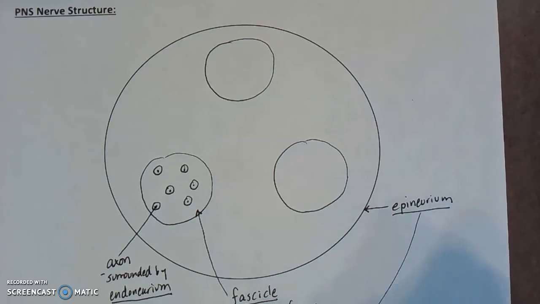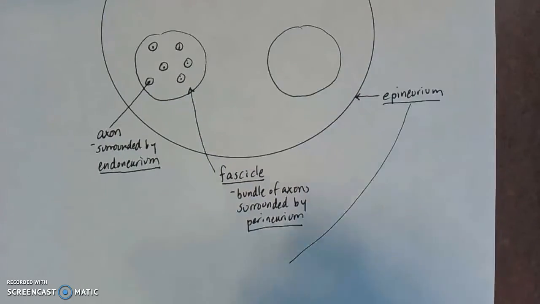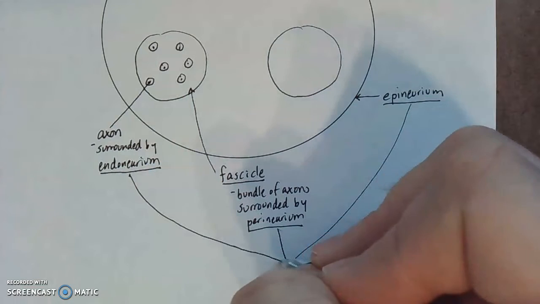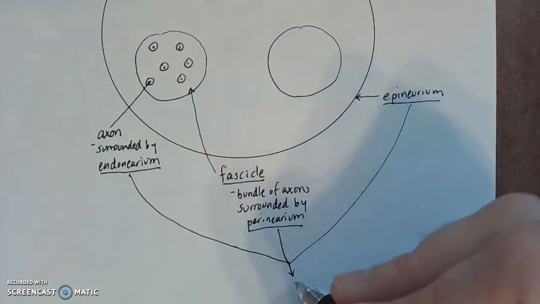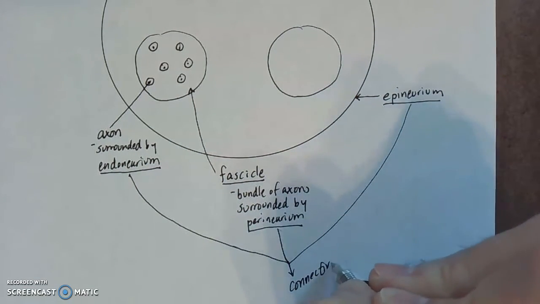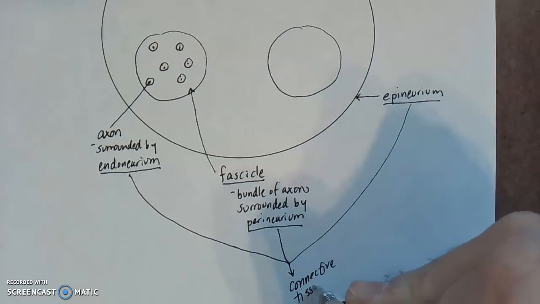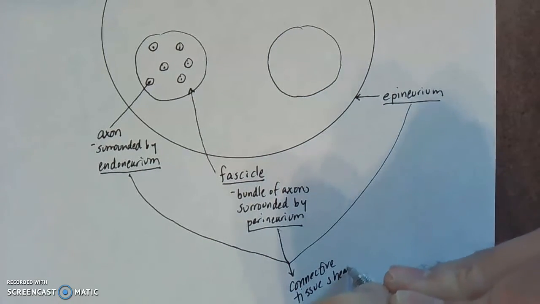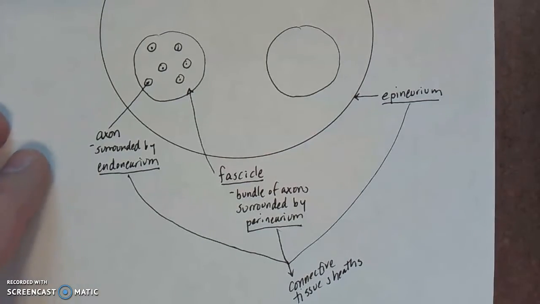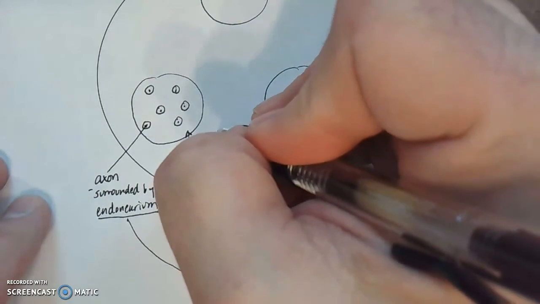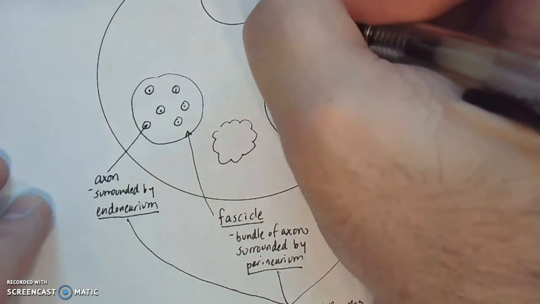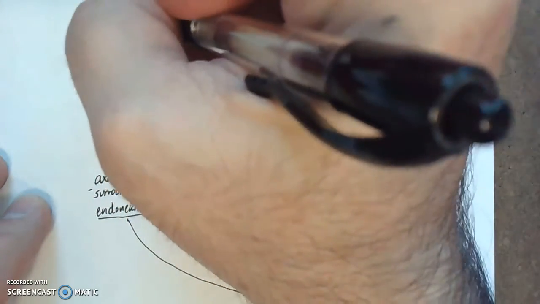So epineurium, perineurium, and endoneurium, these are all connective tissue sheaths. Now, also scattered through here, we have some bundles of adipose tissue, which I show kind of looking like a cloud.